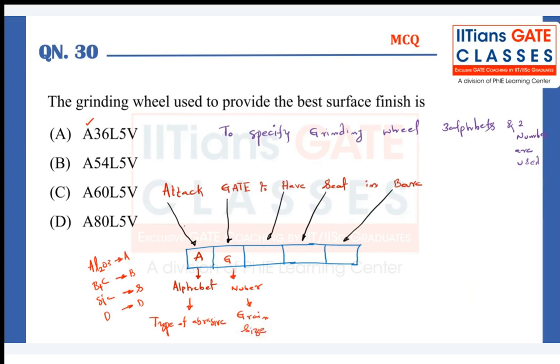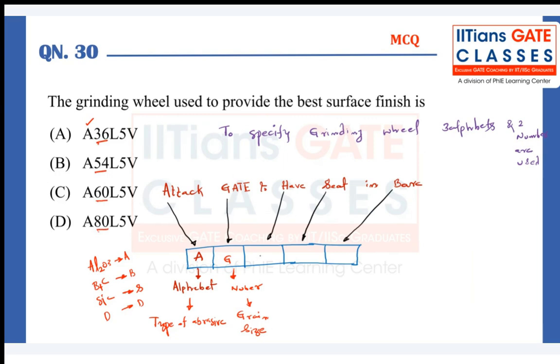What I'm trying to explain here, see, these 36. G stands for grain size. This is the type of abrasive, this is the grain size. So this number indicates the grain size.